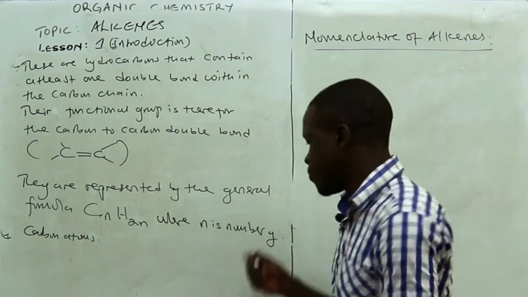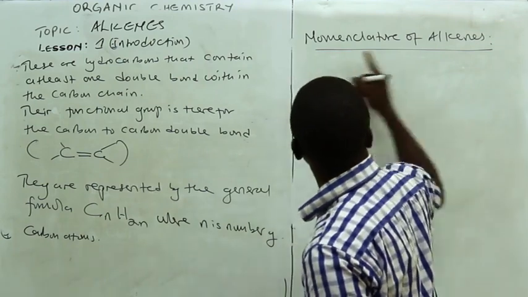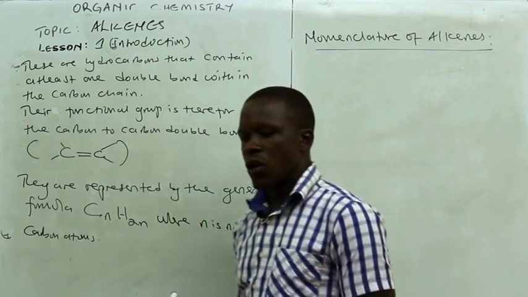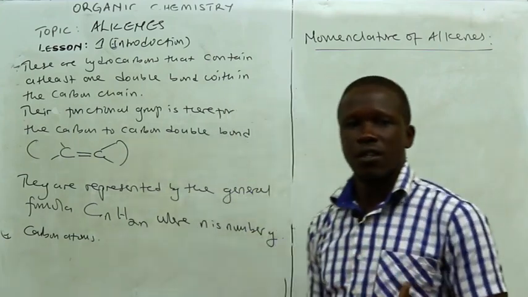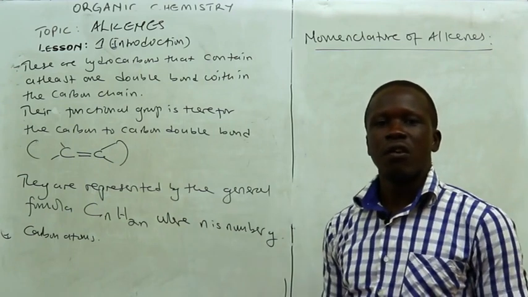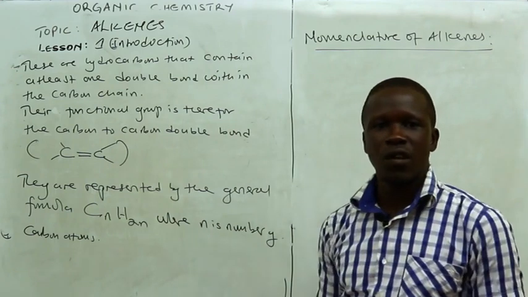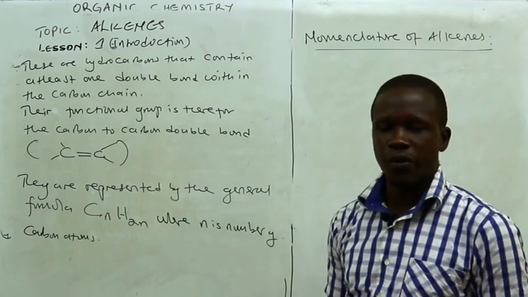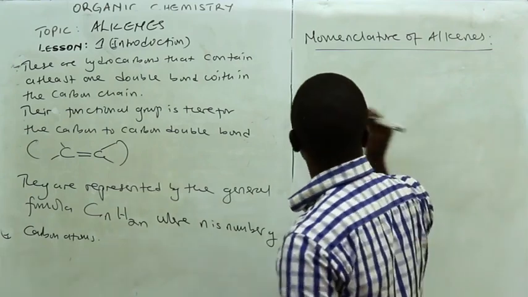So we are saying that in the nomenclature of alkenes, we use the rules that we suggested for alkanes, and therefore we shall be seeing things like choose the longest continuous chain, indicate the position of this. So let's see.